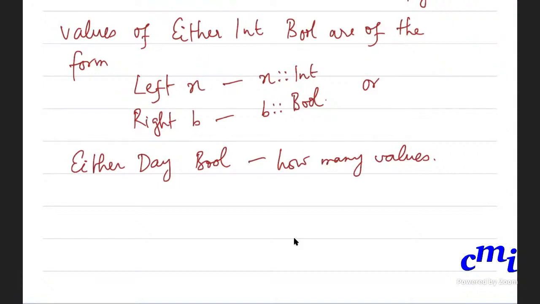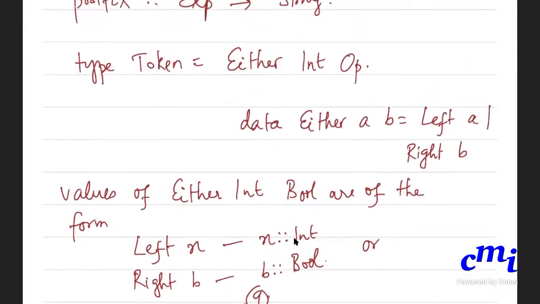Because it's either a Day, which is 7, or it's a Bool, which is 2. Okay. Day Bool will have 14 values. The pair Day comma Bool will have 14. Anyway, that's fine. So when you do pattern matching on a value of type Either, the two patterns will be Left something and then Right something. Fine. So now we have defined Token to be Either Int Op.